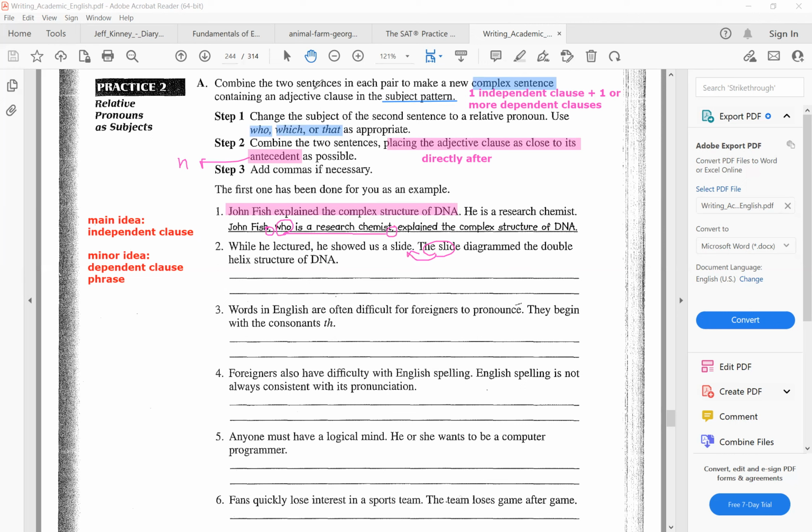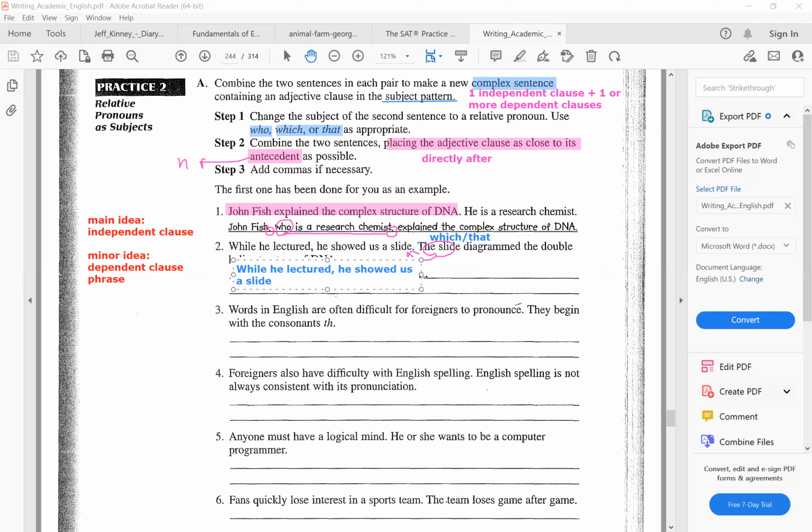Right? So I want to again change the second sentence into an adjective clause. And since this is a thing, we should decide whether we want to use which or that. So let me type my independent clause first. While he lectured, he showed us a slide.